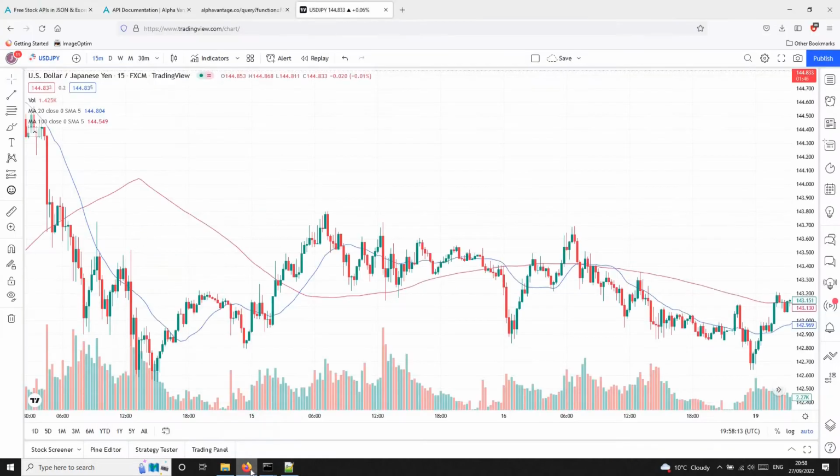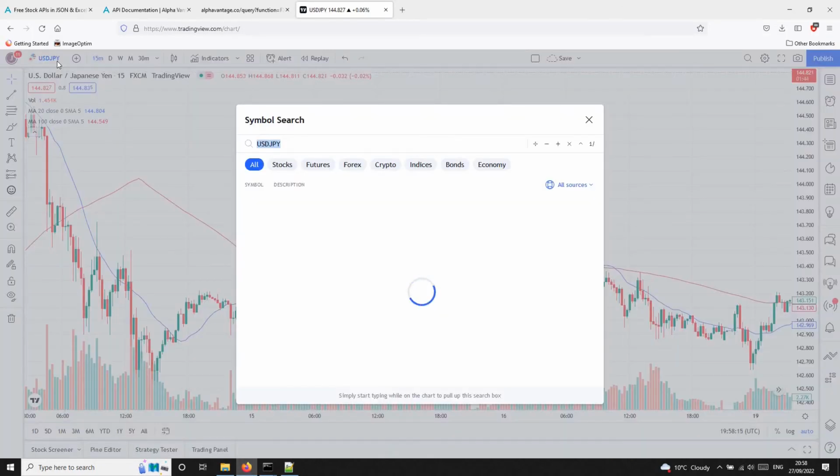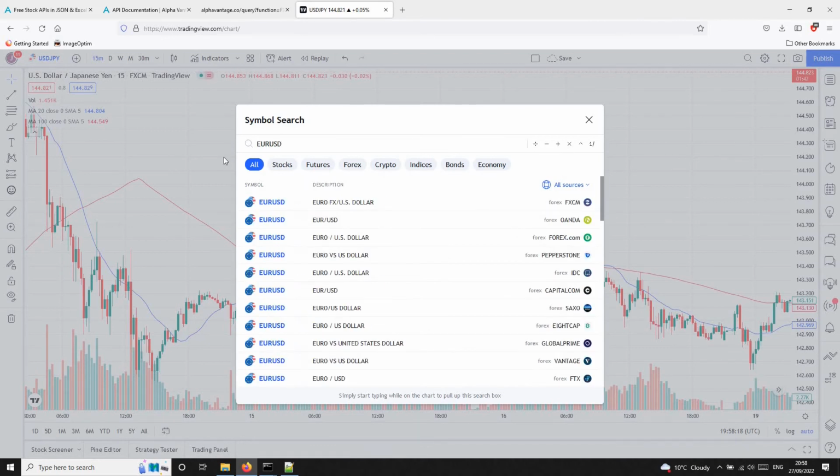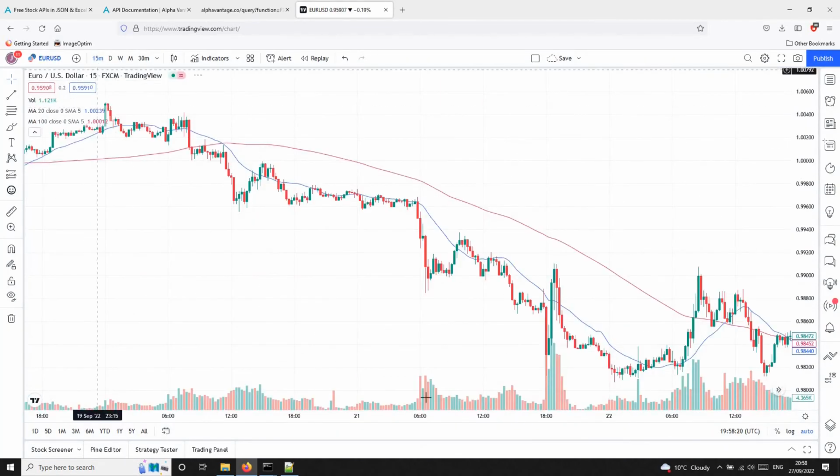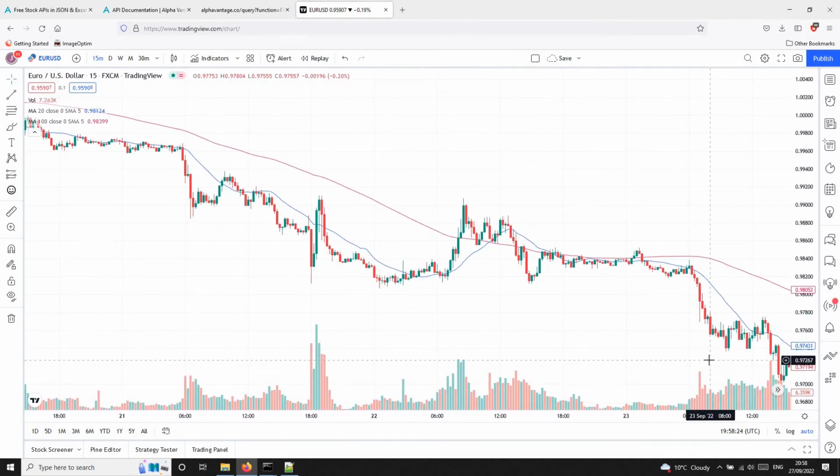Now let me go to EUR/USD, and I am on the 15 minutes chart. Let me tell you, this is TradingView. On TradingView, for any particular candle, the time you see, which is 11, that candle is the start time.